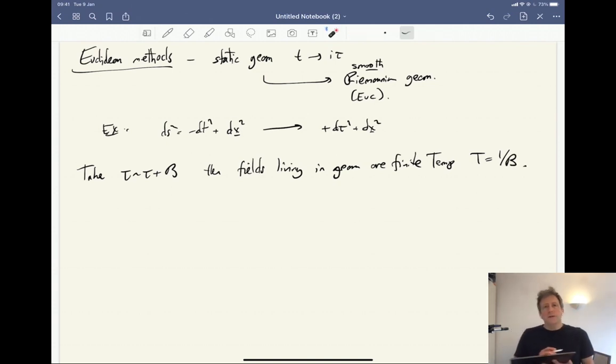If you've ever done thermal field theory, if you want to calculate thermal quantum field theory, a very nice way to think about it is field theory living in Euclidean space-time with periodic time, where the inverse of the period of the time gives you the temperature. It's a neat trick in quantum field theory to compute equilibrium thermal physics, and it works beautifully. The key point is that it really still works in gravity. That was the remarkable observation of Hawking, Gibbons, and others.